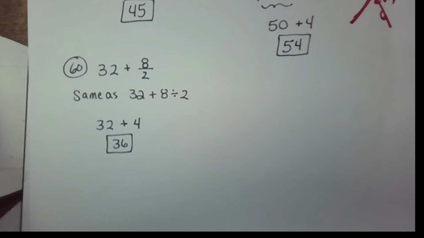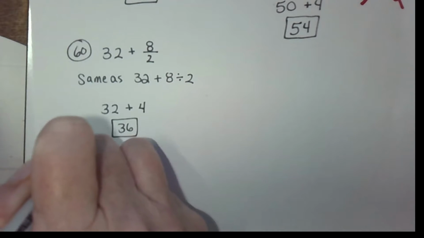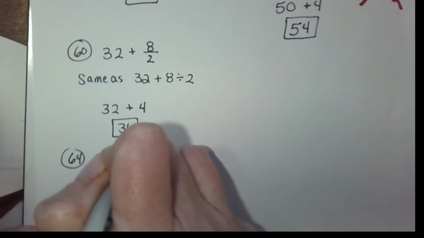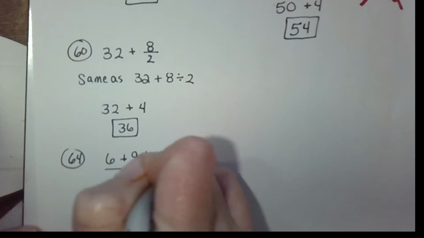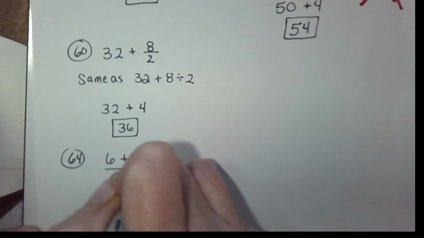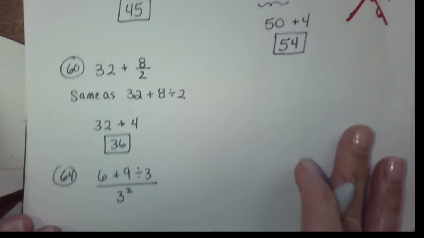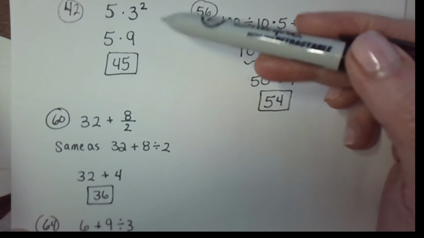Number 64. Let's look at that one next. Now that one looks a little different because the whole problem is a big fraction. And so I'm just going to give you my recommendation on how I tend to do these. That's completely up to you. There's more than one way to do things. You'll notice that as I work the problems, generally I'm going to tend to work vertically, down the page.